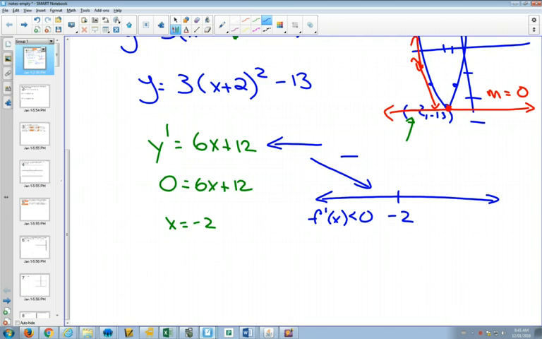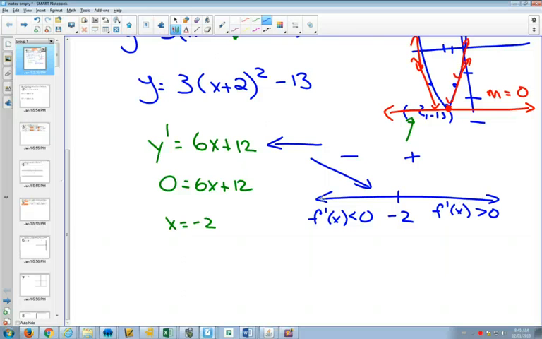And if we try a value bigger than -2, say 0, when you plug in 0, 6 times 0 plus 12 is positive. In this section, your derivatives are all going to be bigger than 0. And we can show that just with a plus sign. And if we look at all these ones, it makes sense that all those slopes are positive.